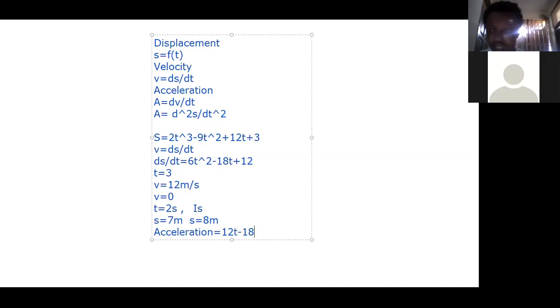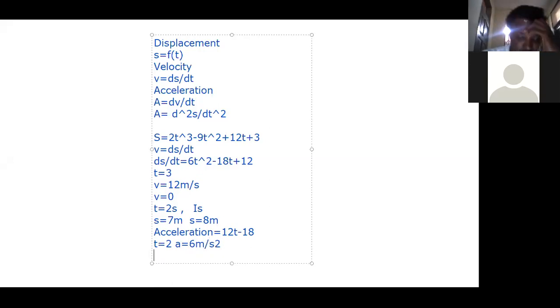And when t is equal to 2, what are you getting, please? Acceleration is equal to 6. So this will be meters per second squared. That is it.